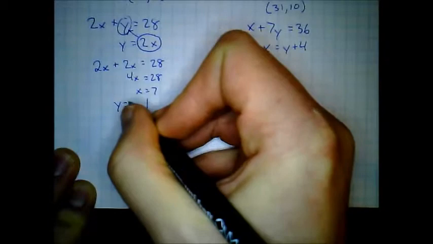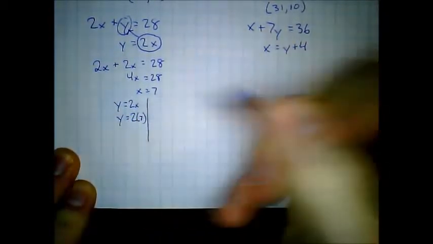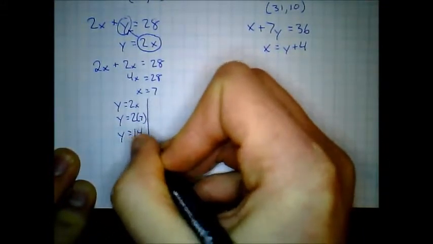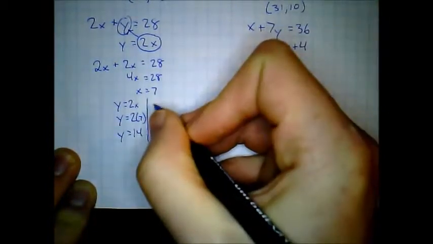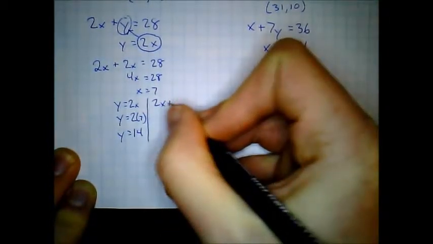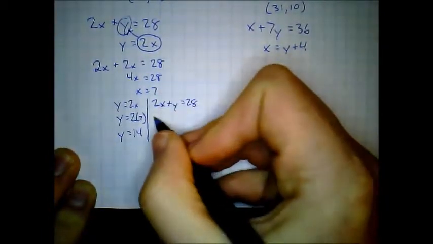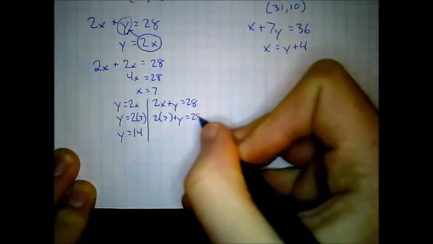So we have y equals 2x, so y equals 2 times 7. We just substitute 7 in for x. So y equals 14. Okay, so in our second equation, when x equals 7, y equals 14. So we better hope we get the same thing in our first equation. So we're going to check our work so we know we did it right. So x is still 7, so we're going to do 2 times 7 plus y equals 28.